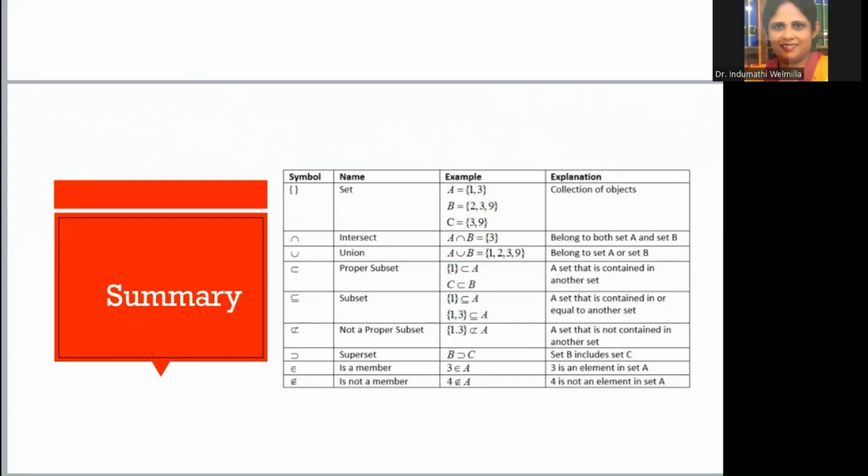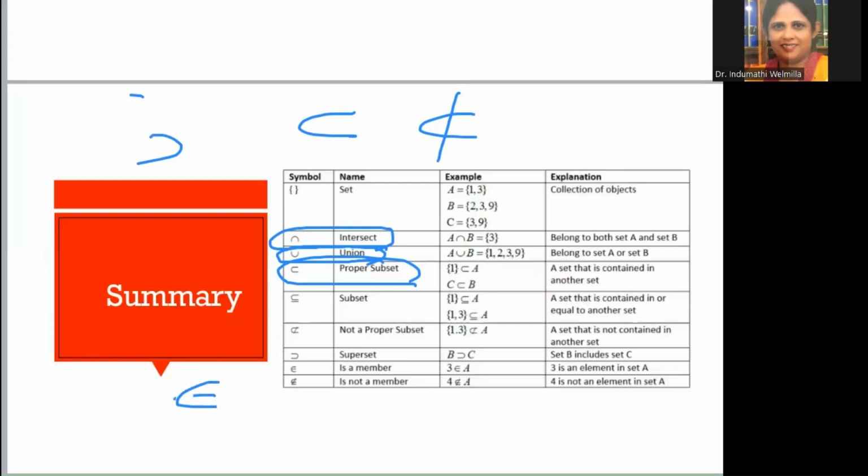You can see this is union, and this is intersection, that is the symbol. And for a proper subset, we use this one to show the subset. And for not a proper subset, we use this notation. And for a superset, you use another notation like this.